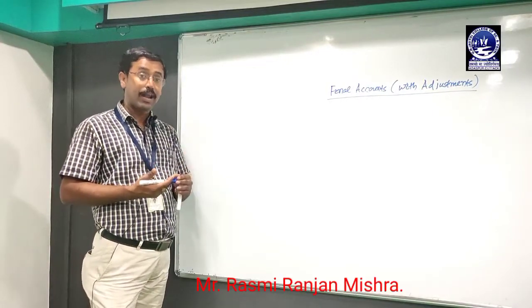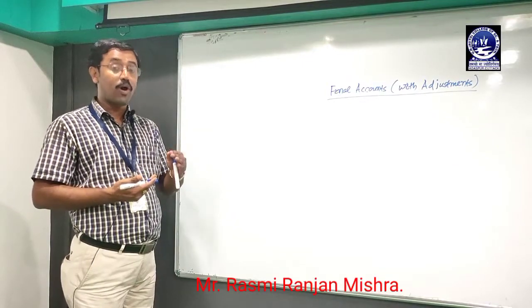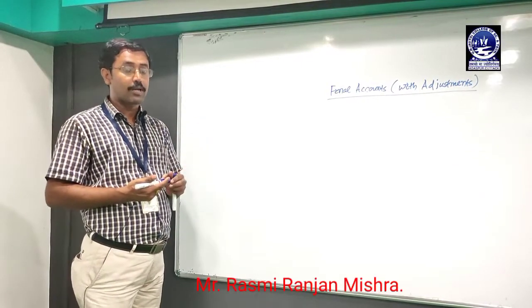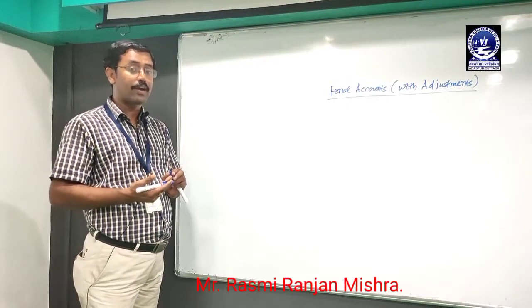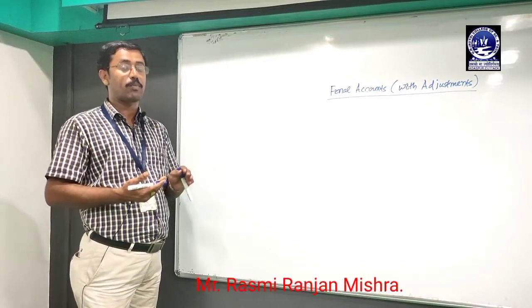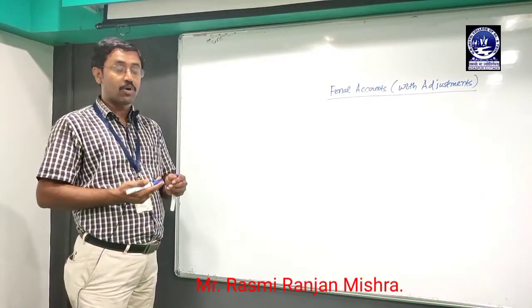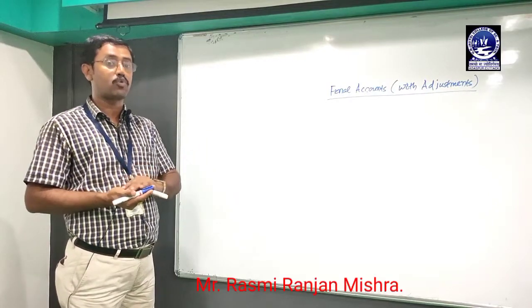But there are several items that affect the business but are not recorded during that particular period. For example, outstanding salary is one head of expenses which is incurred during that period but not recorded. So that needs to be adjusted to find out the true profit or true loss.